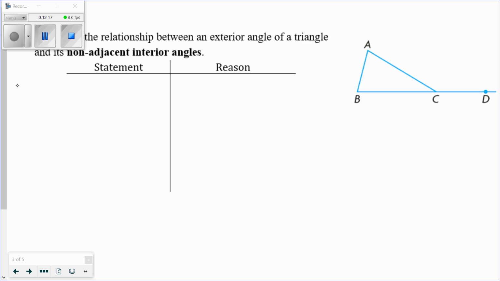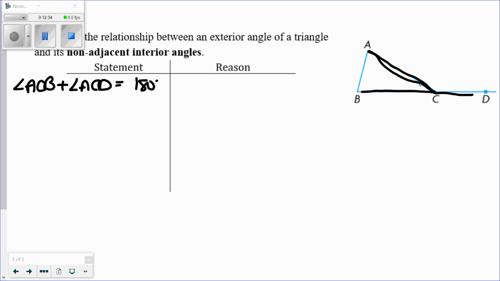So the first portion, angle ACB plus angle ACD needs to be equal to 180. This is essentially what we did in that first question. So ACB plus ACD, these two angles need to be equal to 180.